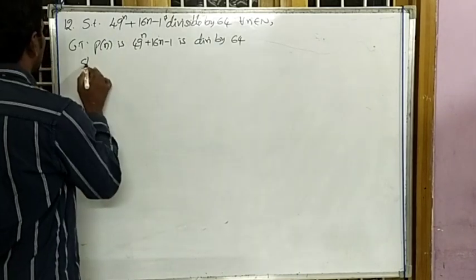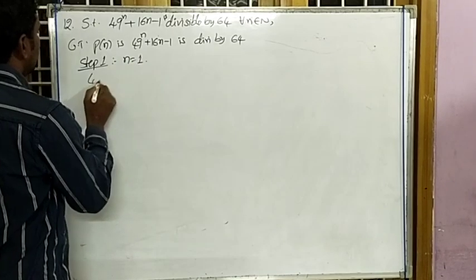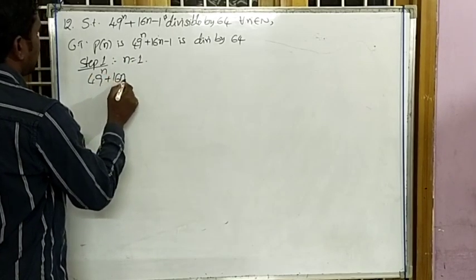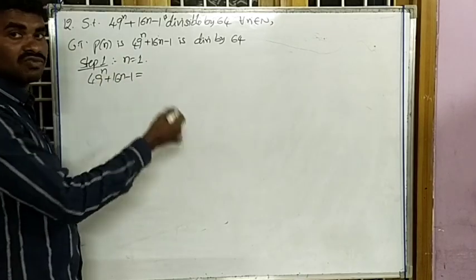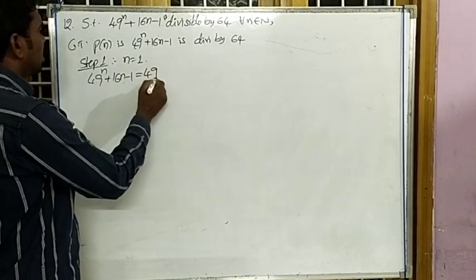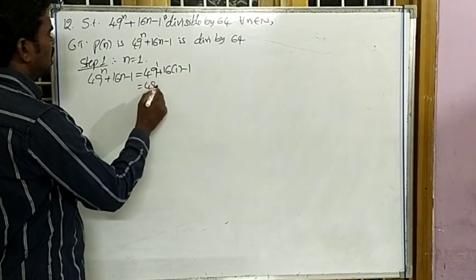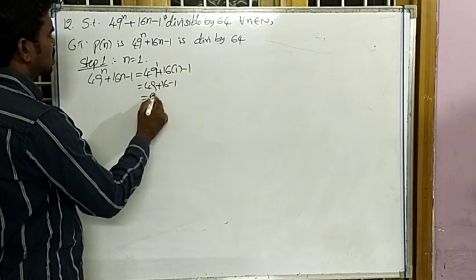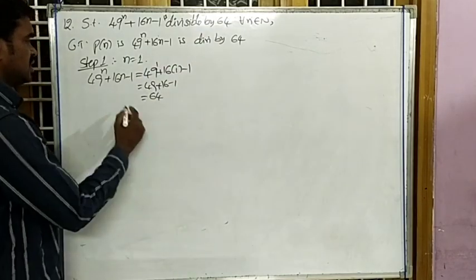So step 1. In step 1, take n equal to 1. N equal to 1 means 49 power n plus 16n minus 1, what will be the value of this at n equal to 1? So what is this? 49 power 1 plus 16 into 1 minus 1. This is 49 plus 16 minus 1. This is 64. Is this 64 divisible by 64? Yes.